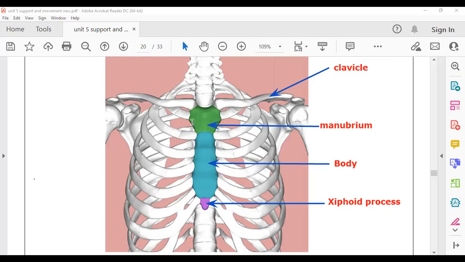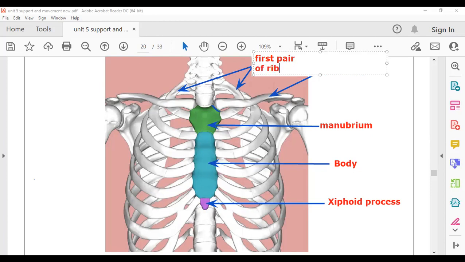Can you see that one? Yes, sir. In this place, the clavicle articulates with the manubrium. These are the first pair of ribs.